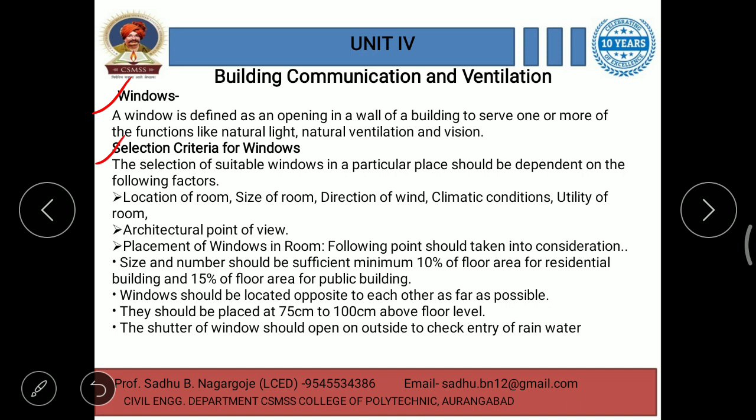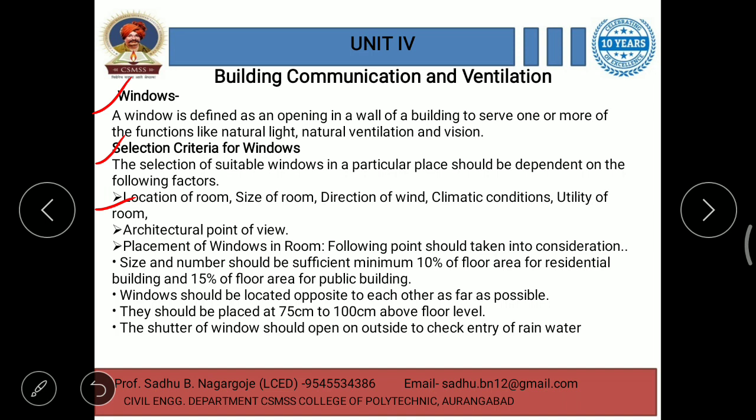So what should be the selection criteria for windows? On which criteria are window types selected? The selection of suitable windows in a particular place should depend on the following factors: the location of room, size of room, direction of window, climatic conditions, utility of room.